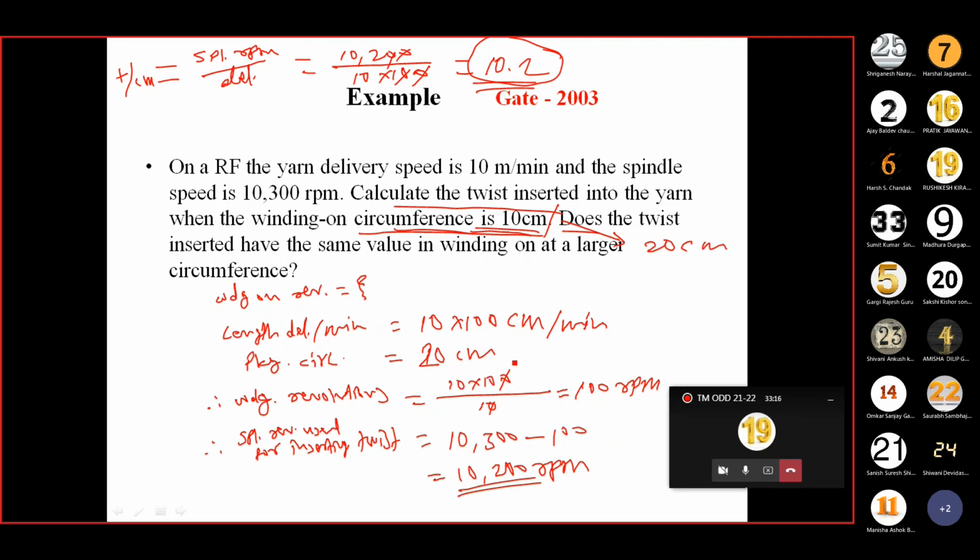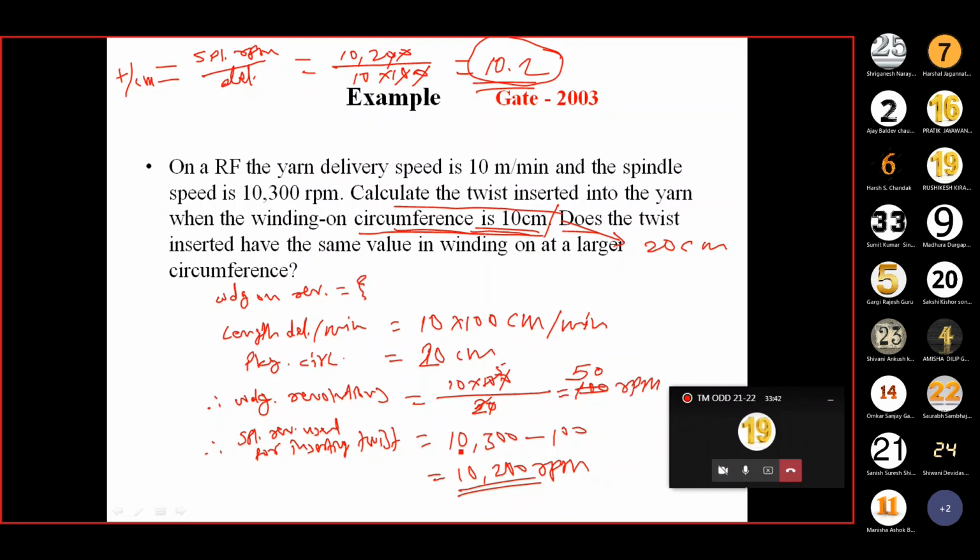Winding revolutions will be 10 into 100 divided by 20, which comes to 50 RPM. So when we increase the circumference, the winding revolutions required will be 50 RPM.